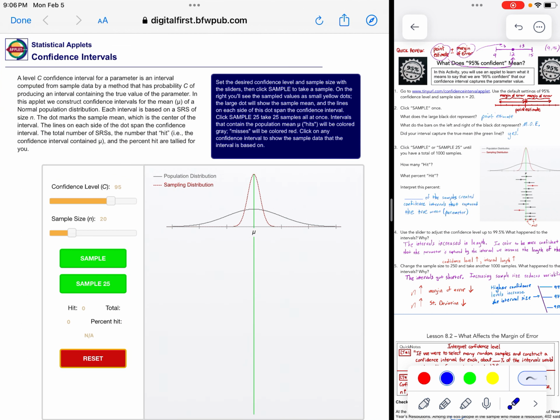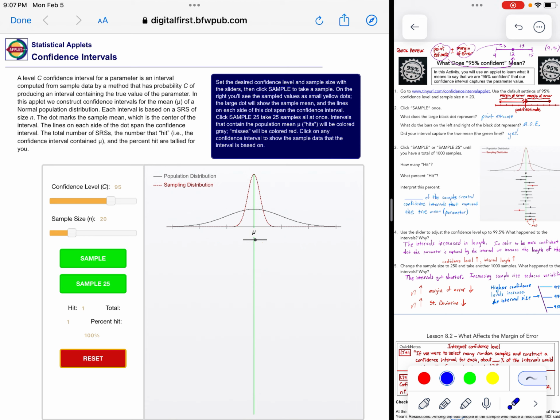So what's happening is, that's the default, they're creating a 95% confidence interval, and they're taking a sample size of 20 different data points. So when I click sample, you'll see those 20 gold dots. Those are the 20 random data points collected from the population.